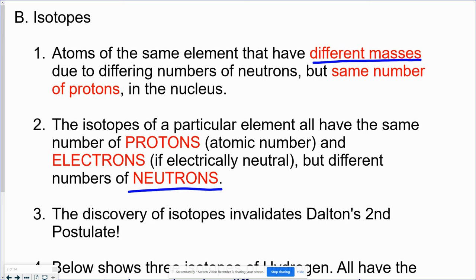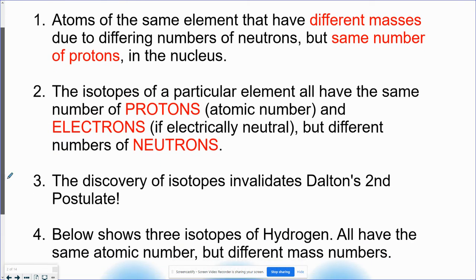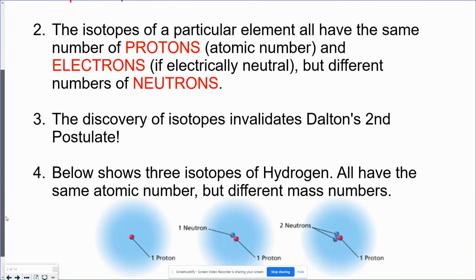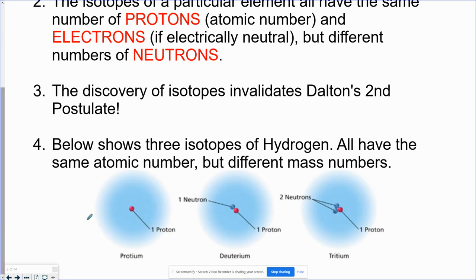So protons will be the same, so will electrons, but the neutrons are where we will be different. When they discovered isotopes, it is then that we realized that Dalton's second postulate was incorrect, because he said that all atoms of the same element would look the same.